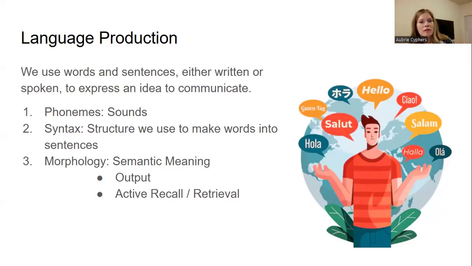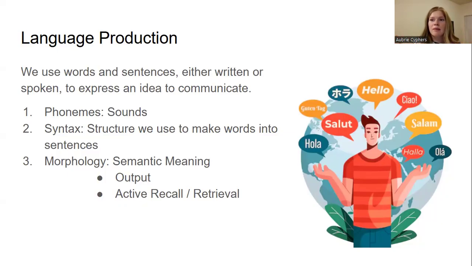The syntax is the structure that we use to arrange those words into sentences that make sense. So we follow subject-verb agreement. Our adjectives typically come before nouns. In other languages, it can be different. And then there's morphology, which is the semantic meaning.